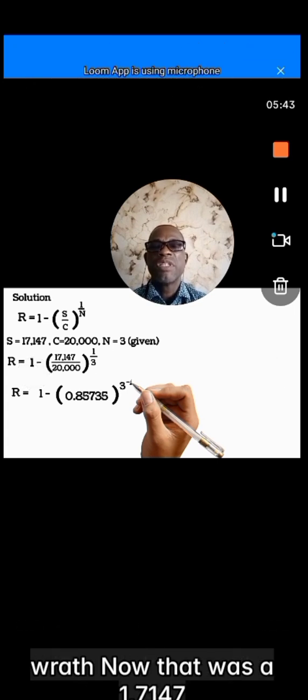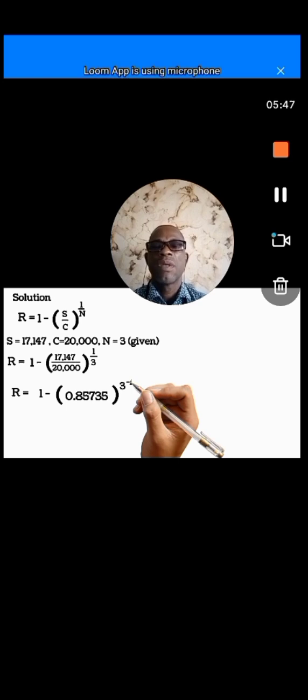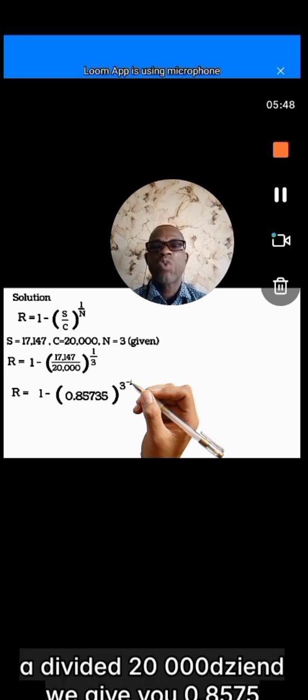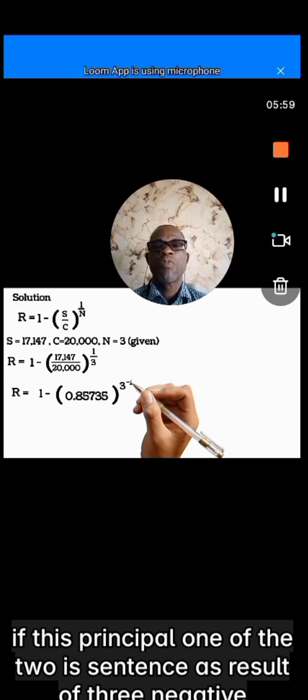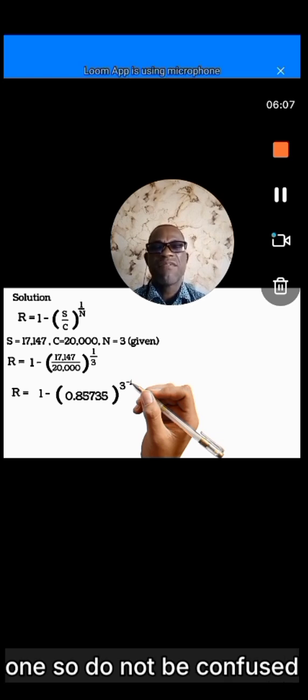Now that means 17,147 divided by 20,000 will give you 0.85735, and it is raised to power 1 over 3, which is the same thing as raised to power 3 and negative 1.